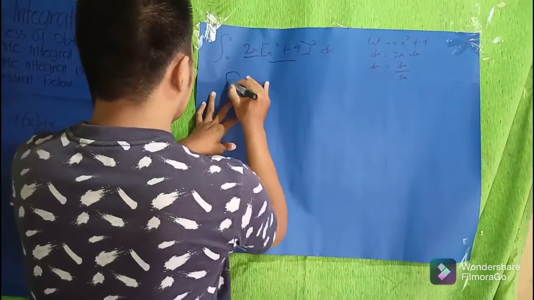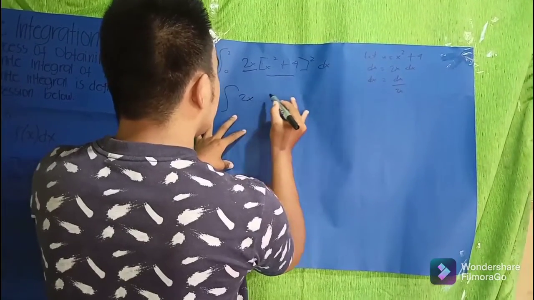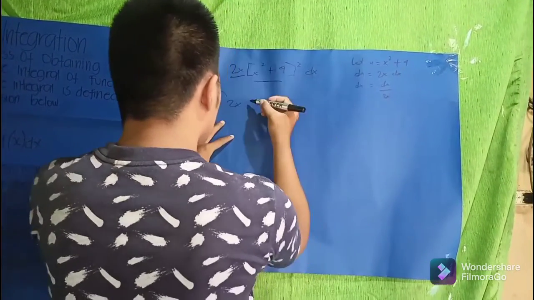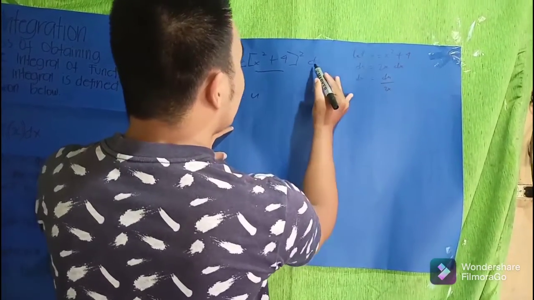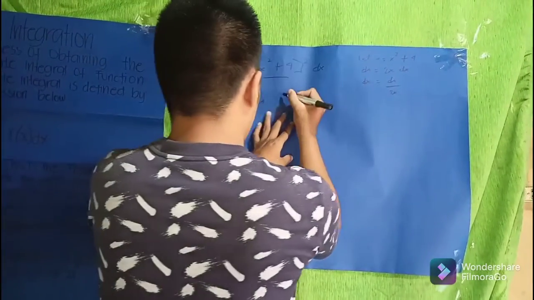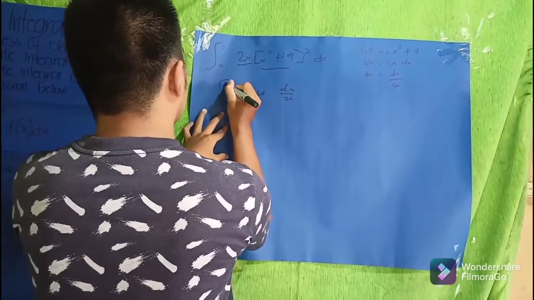So integral of, bring down 2x, and we will substitute this expression into u, and the value of dx is du over 2x, from 0 to 2.